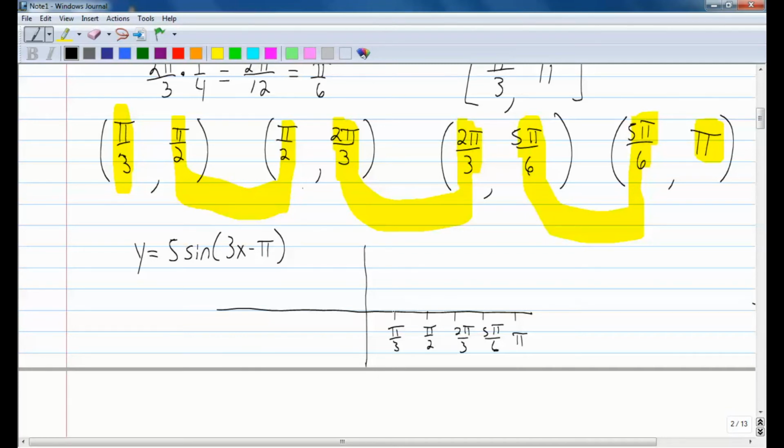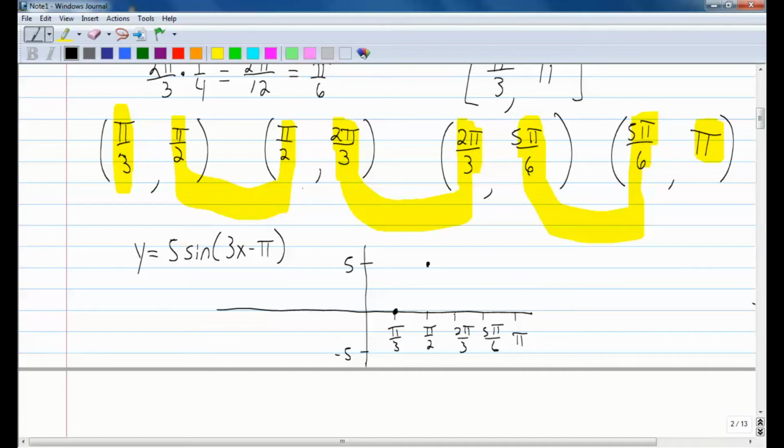Alright, so here is where I start. My high point is going to be 5. My low point is going to be negative 5. And sine always starts on the x-axis. It's not shifted up or down. So I start on the x-axis. The next significant point I have a high point.